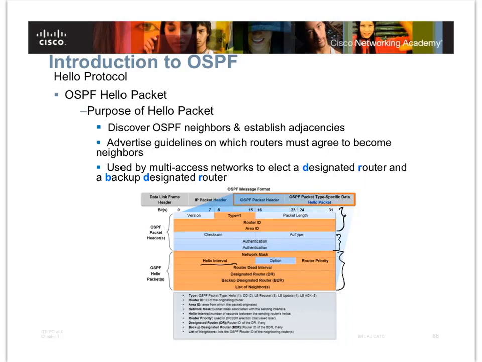Not that it makes a big difference, but the default value in the standard is 10 seconds. And the dead interval is the time that I have to wait until I declare a neighbor down or not alive. And usually this dead interval is actually 4 times the hello. In EIGRP it was 3 times.